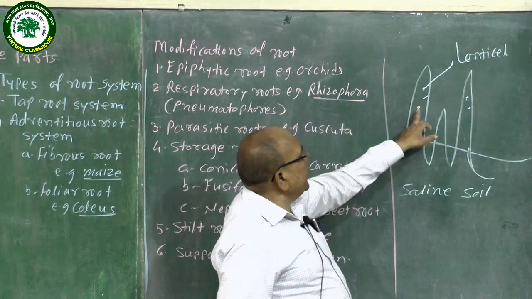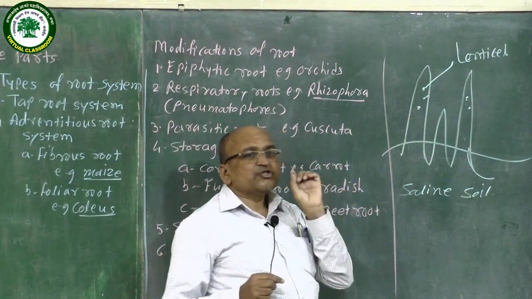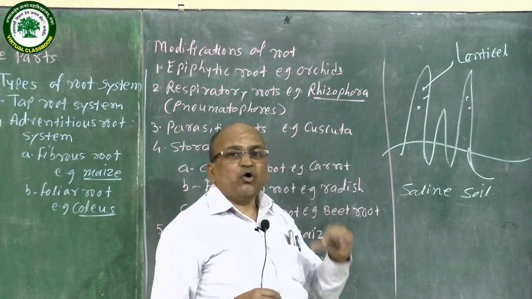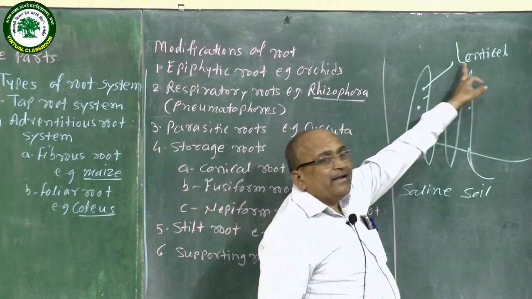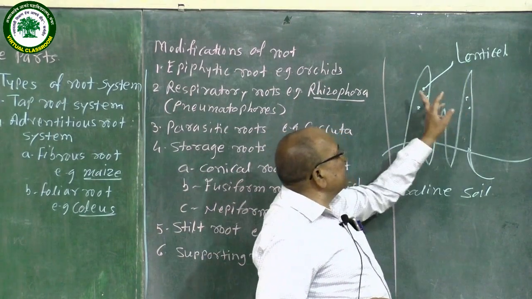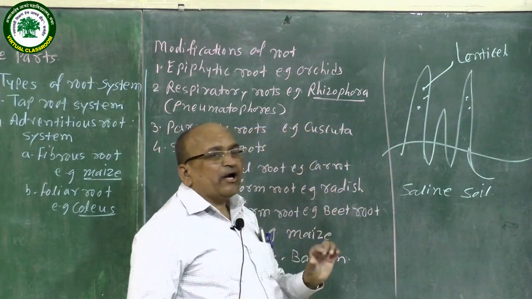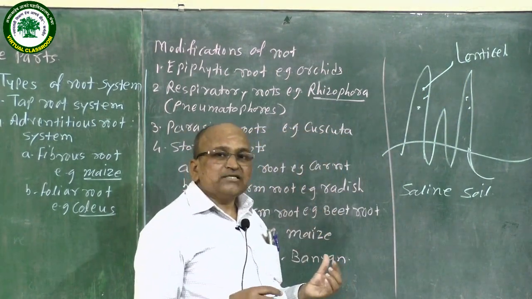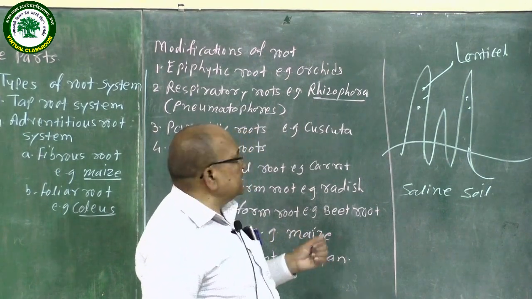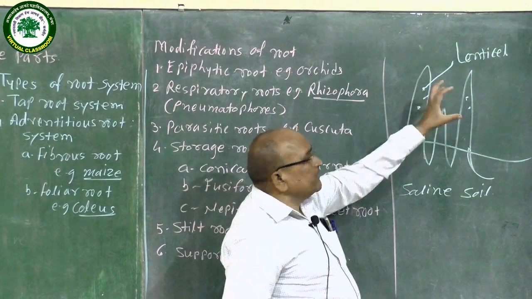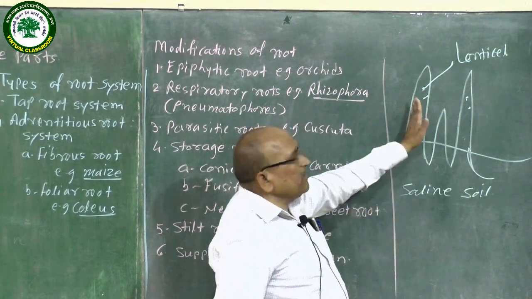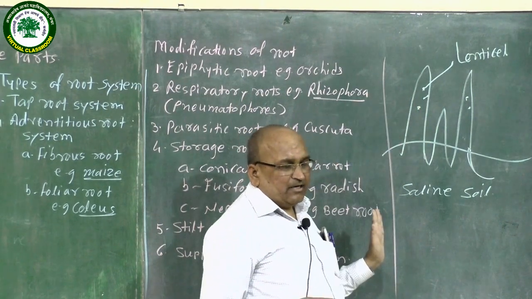These roots develop small pores, small holes or small openings known as lenticels. Inside these lenticels there are somewhat larger cells known as velamen cells. Through these cells, they take air, they take oxygen and use it for respiration.